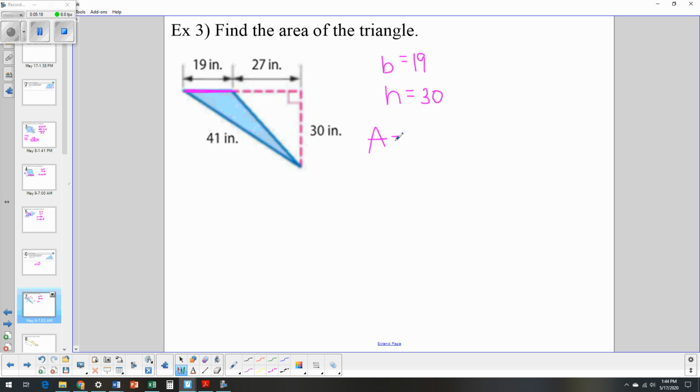That's everything I need because I know it's 1/2 times base times height. So that's going to be 1/2 times 19 times 30. So the area for this one will be 285 inches squared.